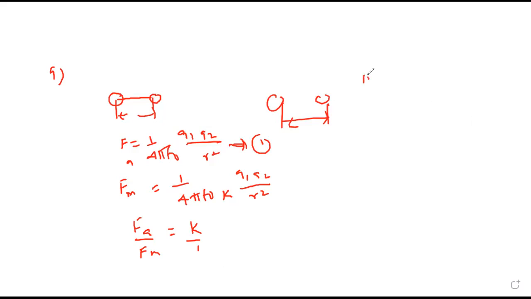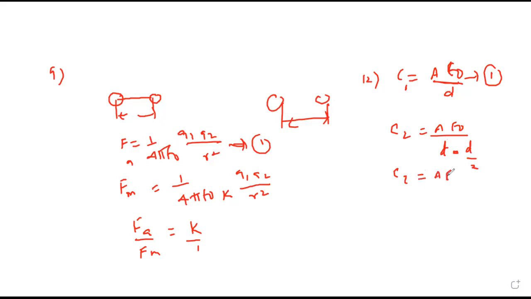12th one. A metal plate of thickness half the plate separation is introduced between the plates of a parallel plate capacitor. Then capacitance will be what? The capacitance formula is A epsilon 0 by D. With a metal plate of thickness half, D minus D by 2 will be the thickness.